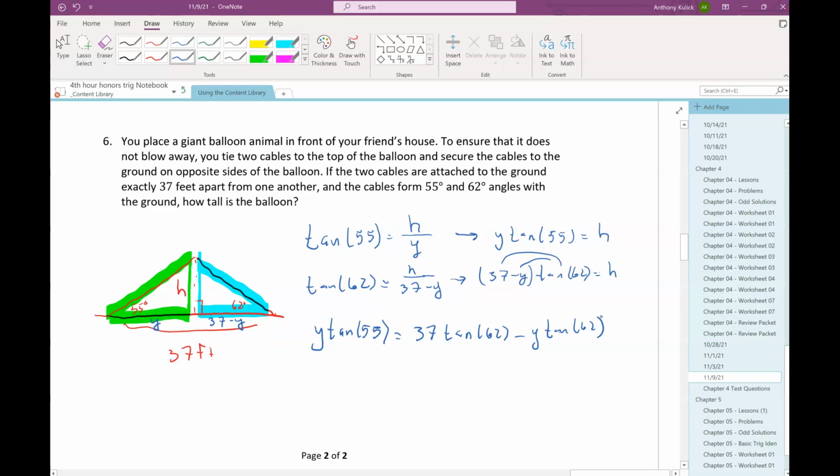Notice when I make this substitution, I have only one variable left. I just have y's, which is great because now I can solve it. So I'll start by putting the y's on both sides. So I'm going to add y times tan 62 to both sides.